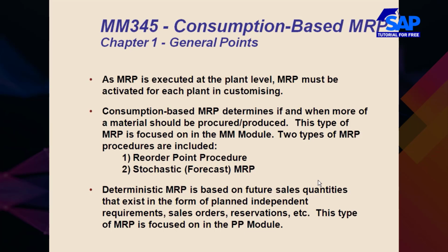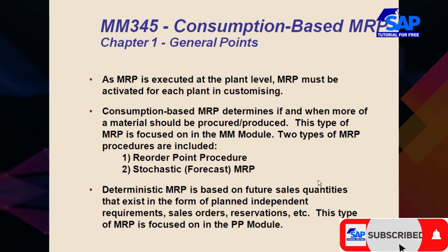As MRP is executed at the plant level, MRP must be activated for each plant in customizing. We will discuss this when we go through configurations. What you have to understand is at what level MRP will be carried out. Normally MRP is carried out at plant level, but if you require, you can also execute it at storage location level.